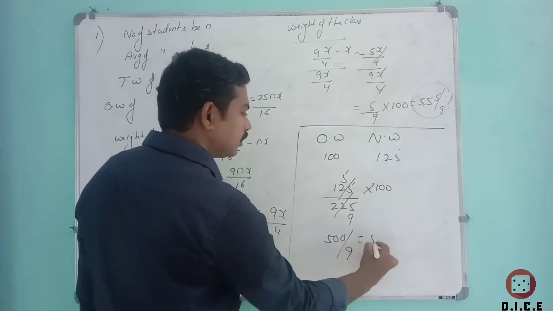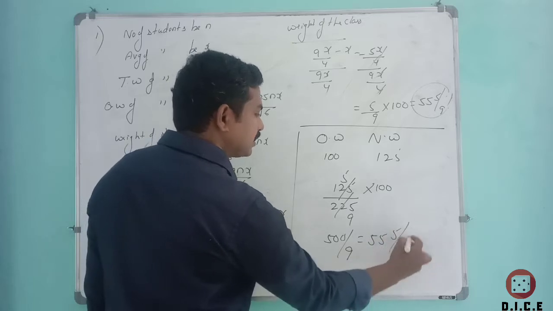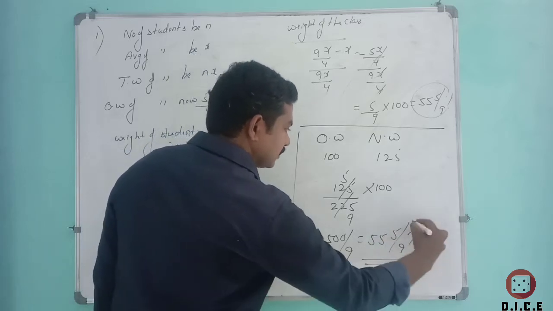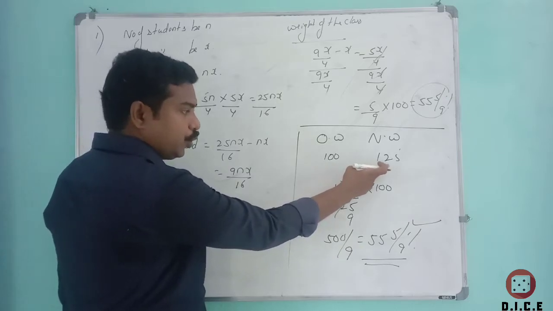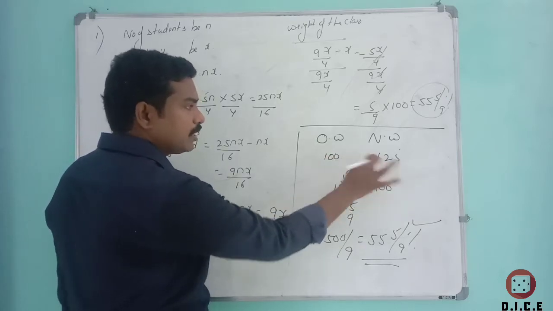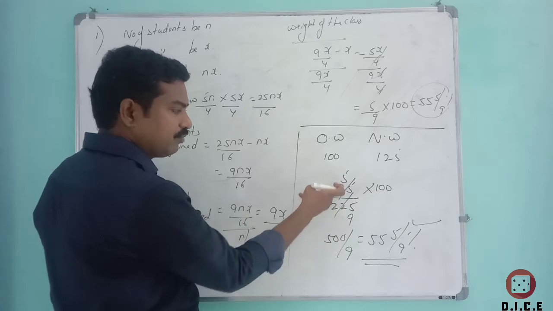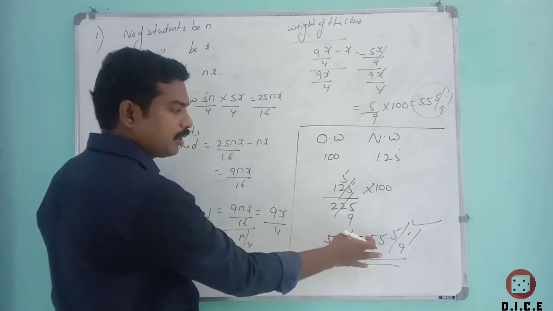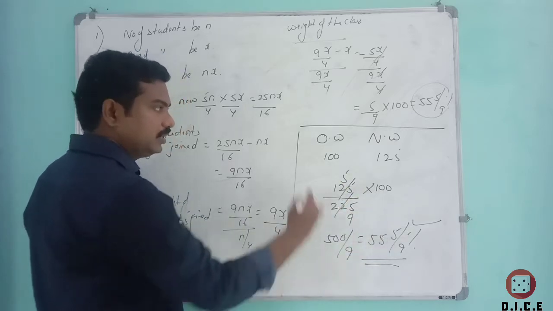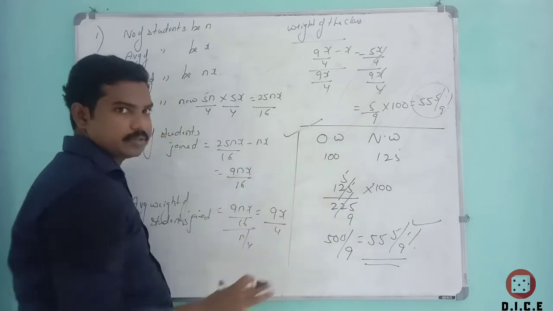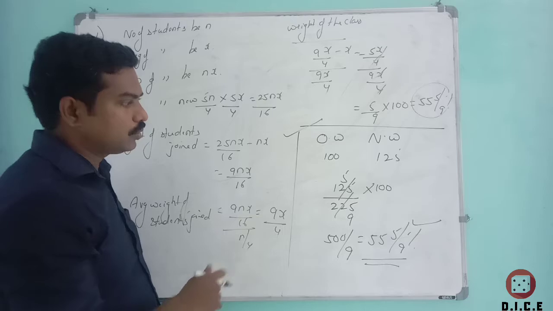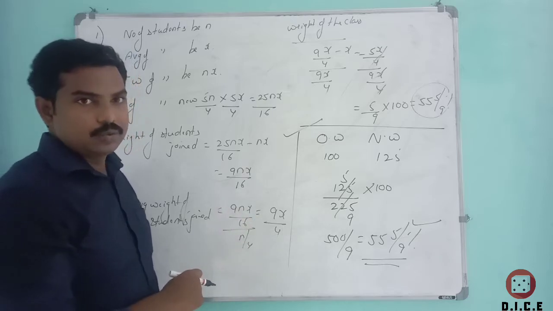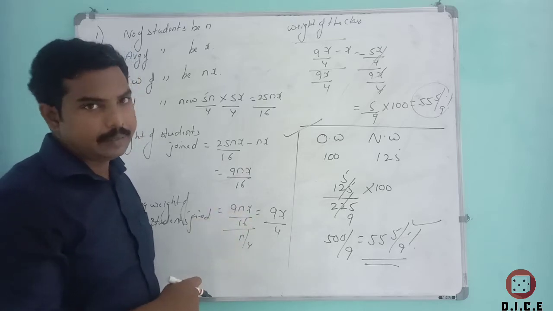It is nothing but 55 5 by 9%, the right answer. This is the shortcut. It works for all sums. Kindly try it on other sums also and try to solve this question. The answer is 55 5 by 9%.